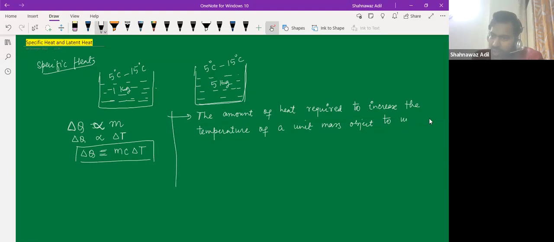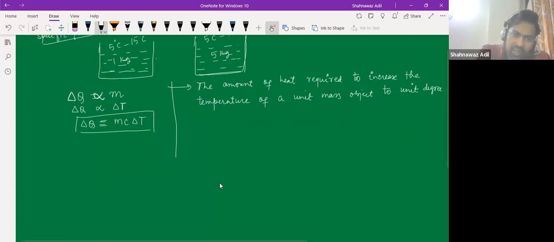Unit degree, and that would be degree Celsius, degree Kelvin, whatever. So if we are taking SI unit, that would be degree Kelvin. If I'm taking CGS unit, that would be degree Celsius, right?